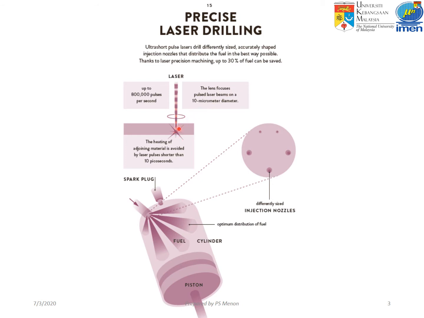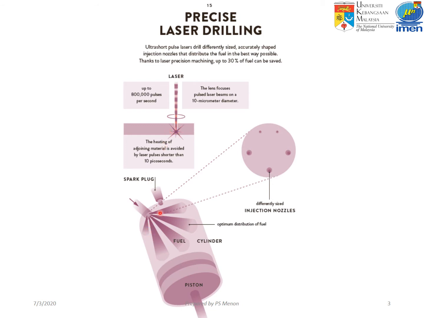Very small. The heating of adjoining material is avoided by laser pulses shorter than 10 picoseconds. Since the laser pulse is very short, the nearby material is not heated up and doesn't break away. So you can make very, very precise nozzles.